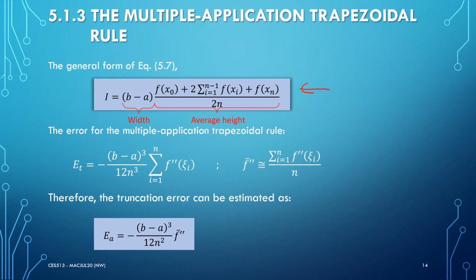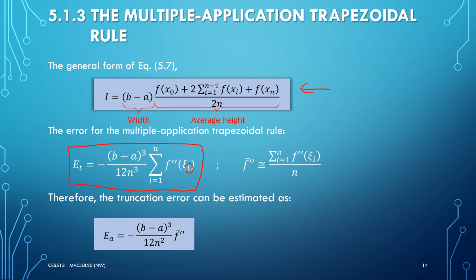So the error of the multiple application trapezoidal rule can be obtained by summing the individual errors for each segment, to give this equation, where the second derivative f''(xi) is the second derivative at a point xi located in segment i.